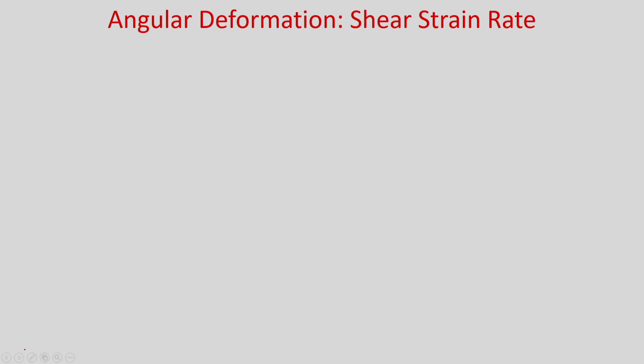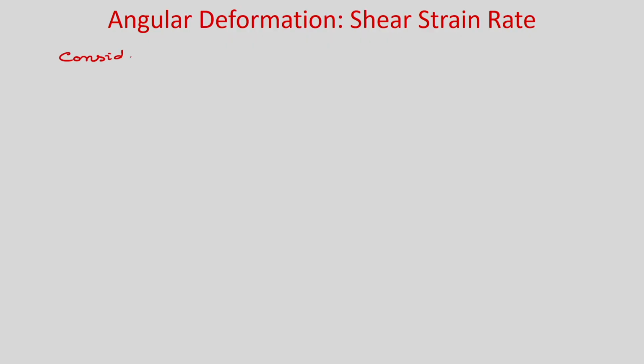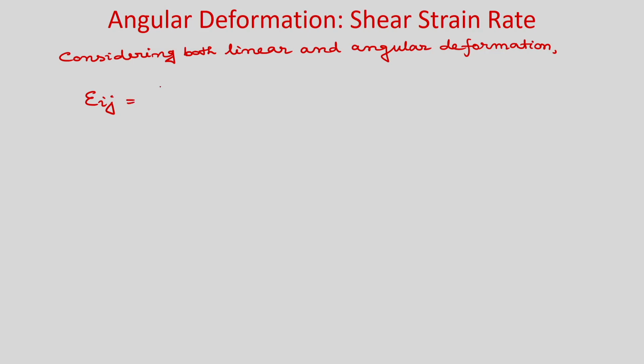Okay. So, now if you consider both the linear deformation as well as angular deformation, and if you want to write the shear strain rate in terms of epsilon ij, then we can write, considering both linear and angular deformation, epsilon ij as a second order tensor.